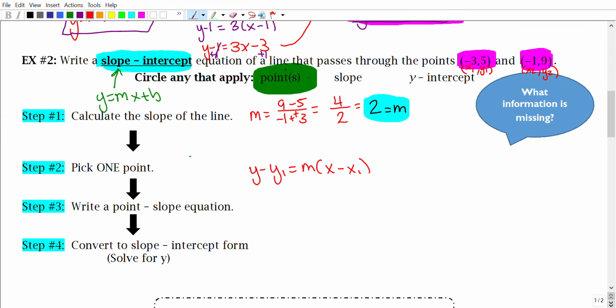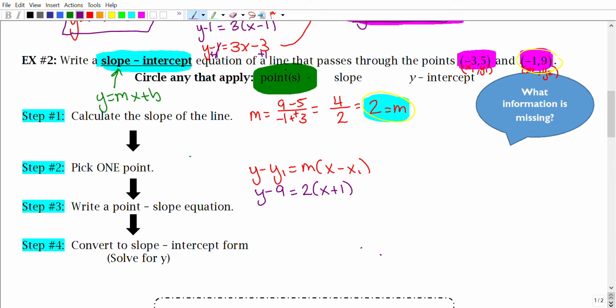I'm going to pick this one right here, -1 comma 9. And remember, our slope is still 2. So let's write our equation. We have y minus, my y1 is 9, equals my slope 2, times x minus a -1, which actually turns into a positive 1.